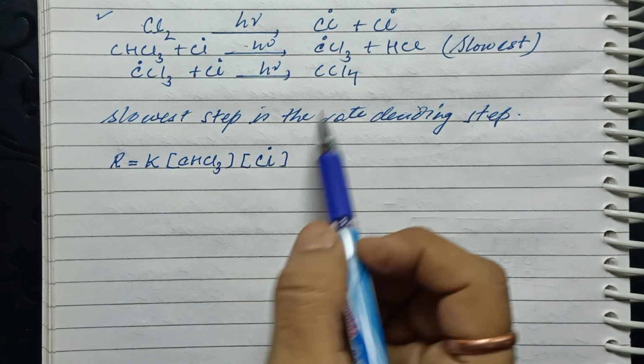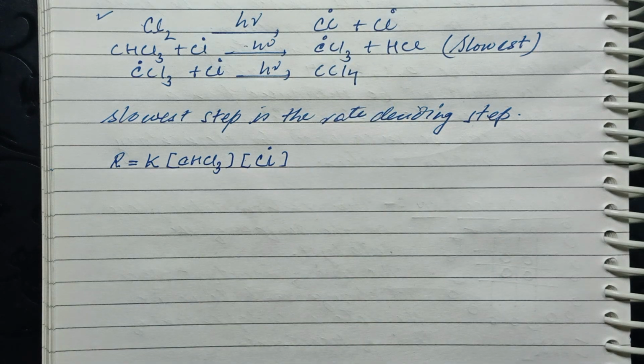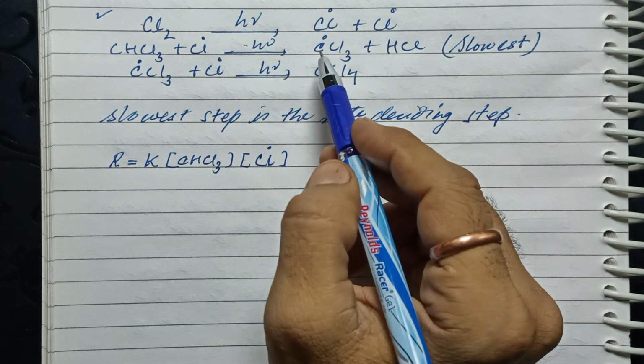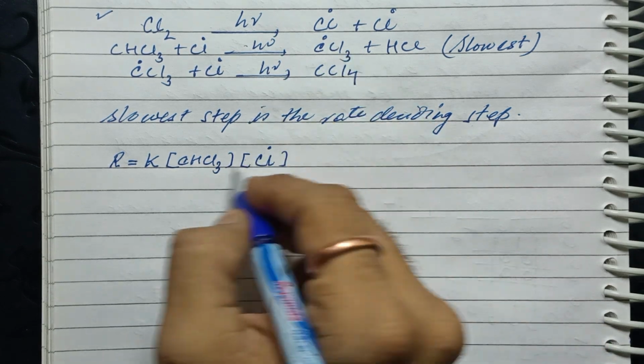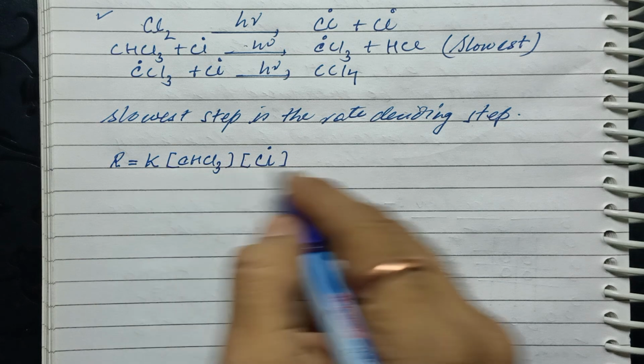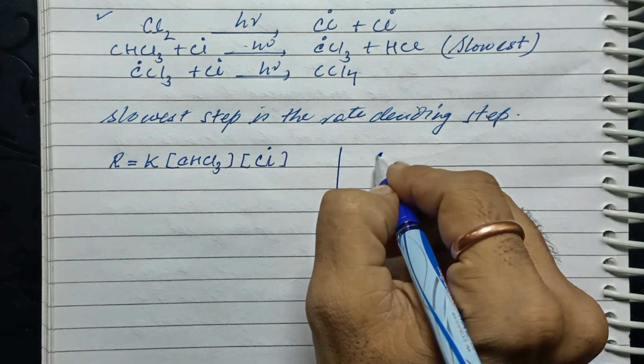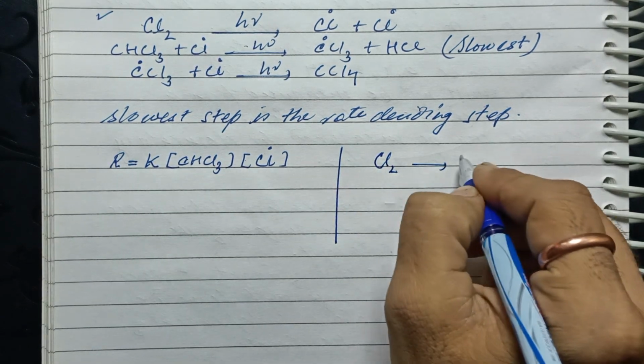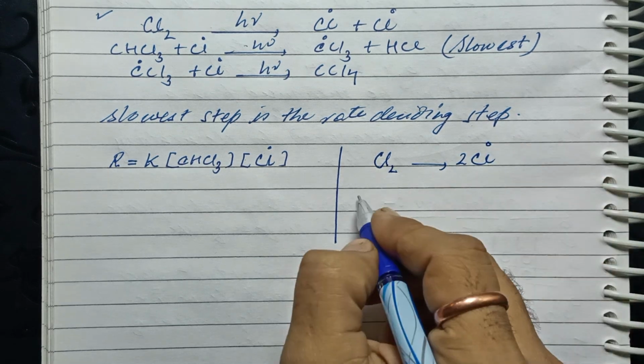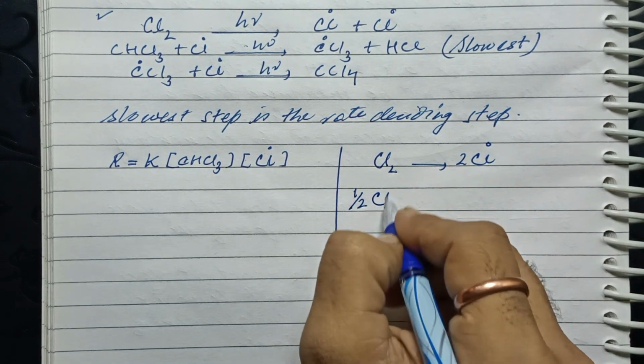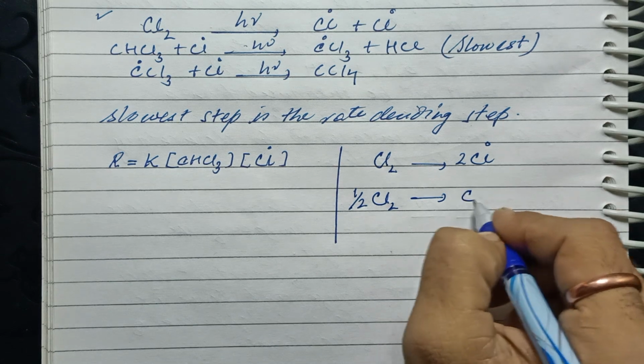But we know that Cl free radical is an intermediate. Therefore, we must not write this intermediate in the rate law. Cl2 gets split to form 2 Cl free radicals. Therefore, half Cl2 will give 1 Cl free radical.